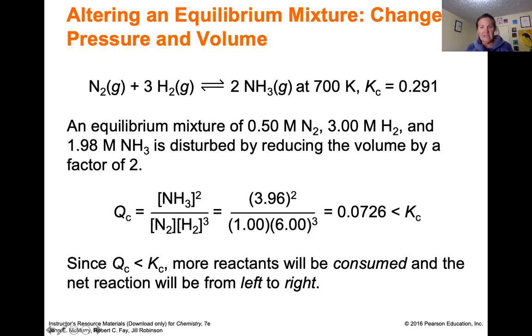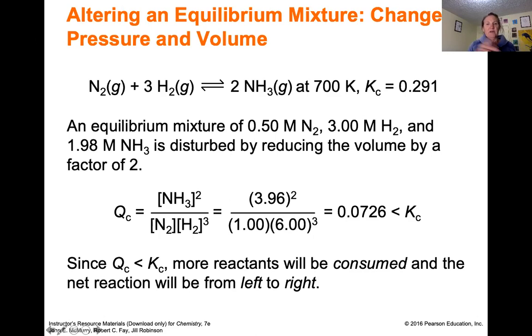In each case, we're reducing the volume, so increasing the pressure, and that will mean that our equilibrium constant KC is now greater than QC, and so if QC is less than KC, more reactants will be consumed, and the net reaction will go from left to right.